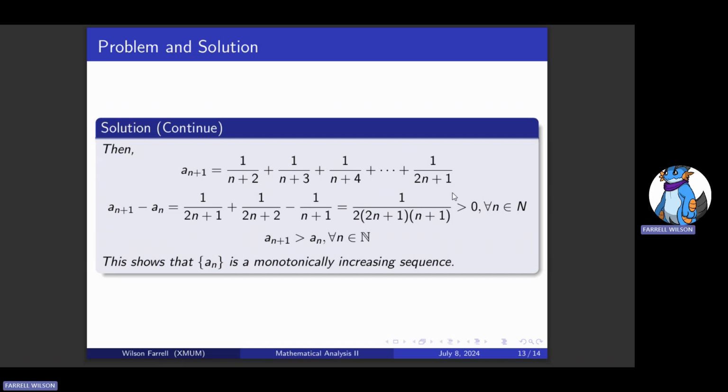With that, we can subtract an plus 1 with an, which gets the result of 1 over 2n plus 1 plus 1 over 2n plus 2 minus 1 over n plus 1, which equals 1 over 2 times 2n plus 1 times n plus 1, which is greater than 0 for all n in N. That means that an plus 1 is greater than an for all n in N. This shows that the an is considered a monotonically increasing sequence.